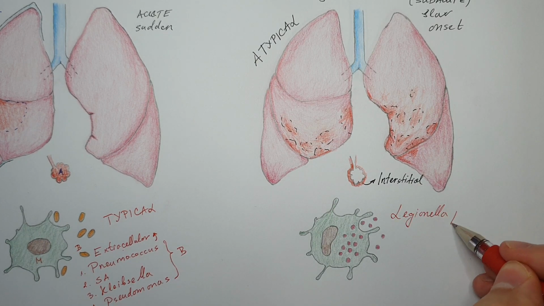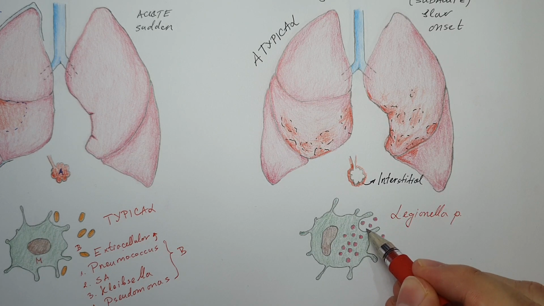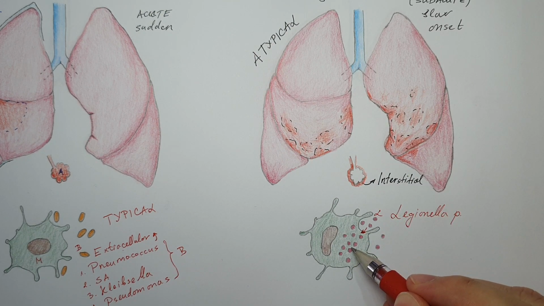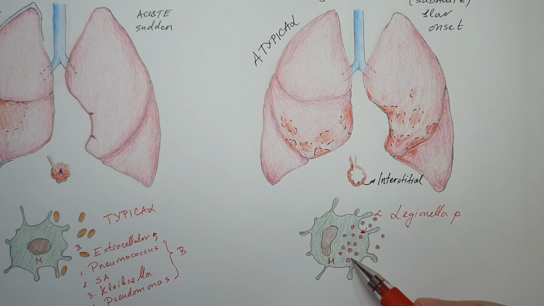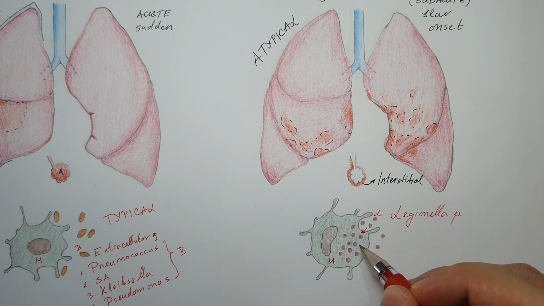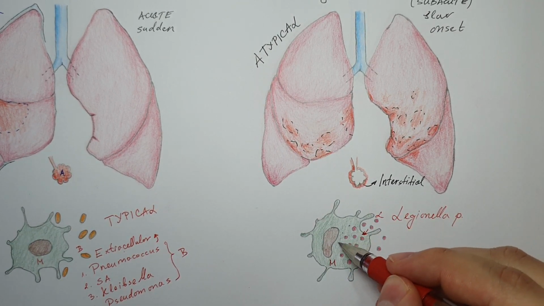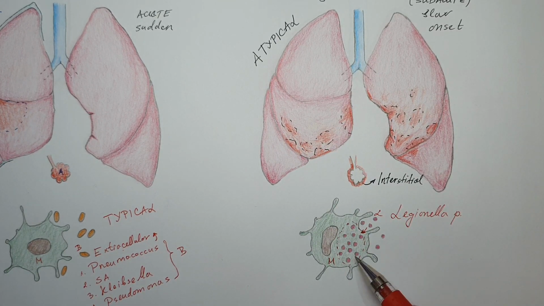Legionella pneumophila has the potential, when it is phagocytosed by a macrophage, to resist phagocytosis inside the macrophage, and it is now multiplying inside the cytoplasm of macrophages. It can also multiply in other cells.